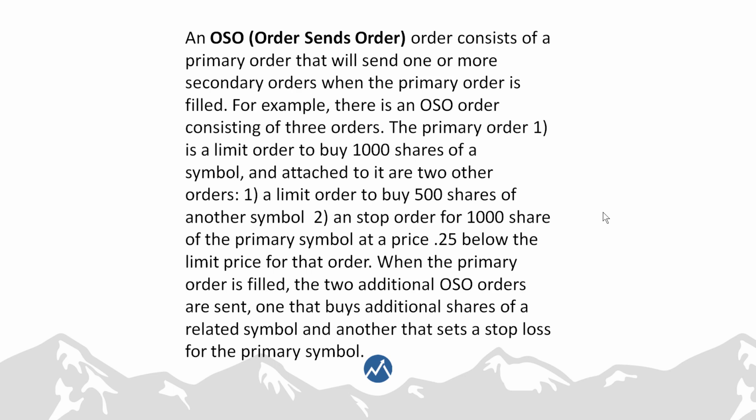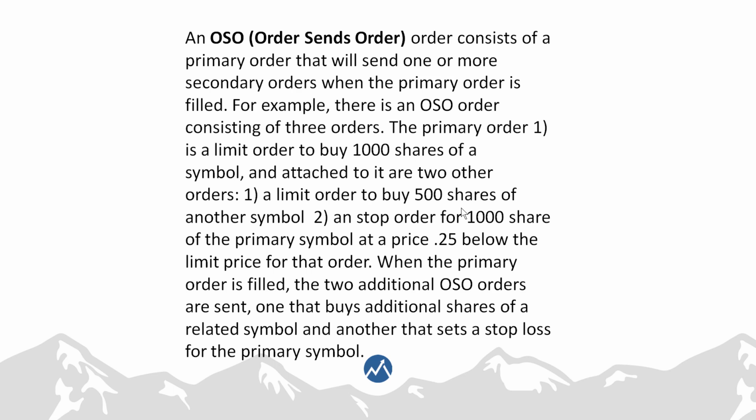As soon as your 1,000 shares are filled, it'll send an order to place your stop loss for your initial purchase. So if it was purchased at $100 and you want your stop loss at $99.75, it'll send that order, place your stop loss, and it'll also send an order to buy the shares of the other instrument that you wanted to buy.